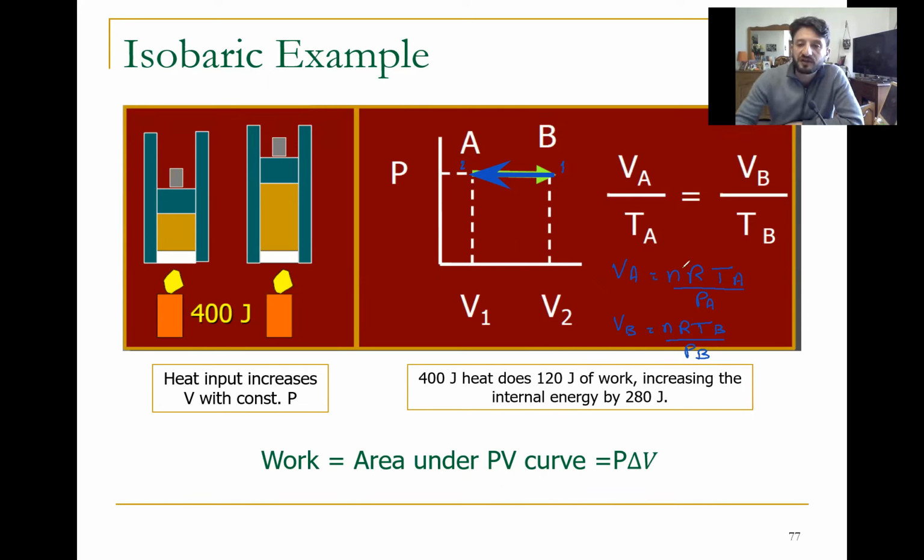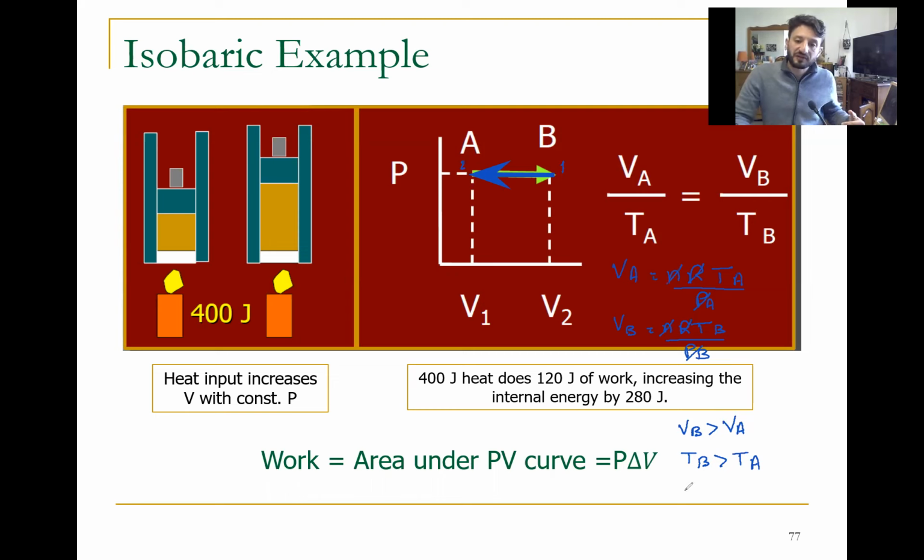If we have a constant value of NR and PA, here we have VB greater than VA, so TB is greater than TA.